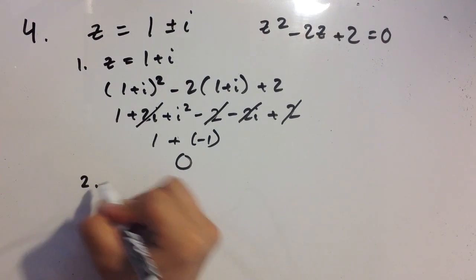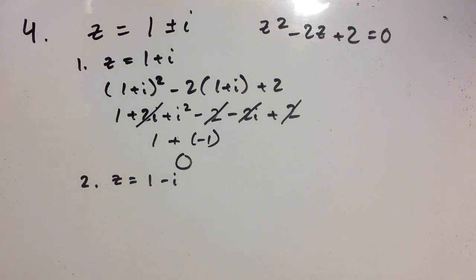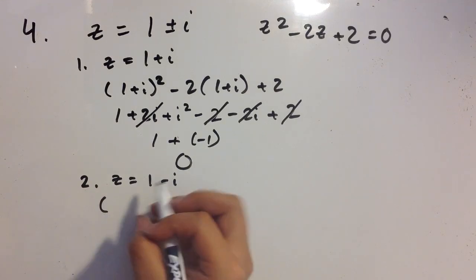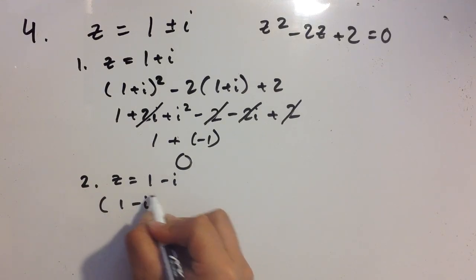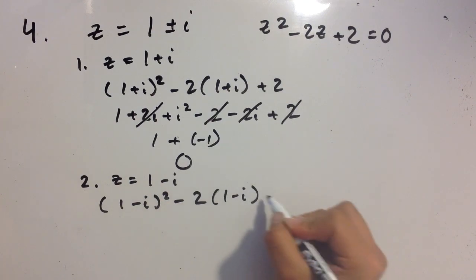So it works. For part 2, we have z is equal to 1 minus i. So plugging it in, we get (1 minus i) squared minus 2 times (1 minus i) plus 2.